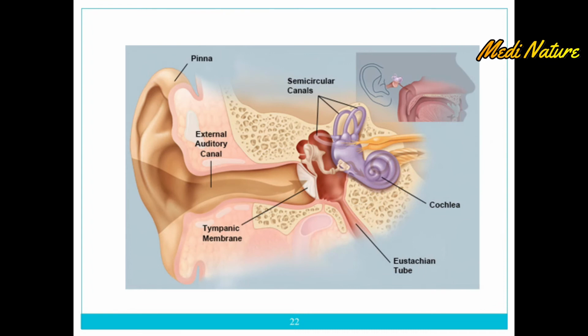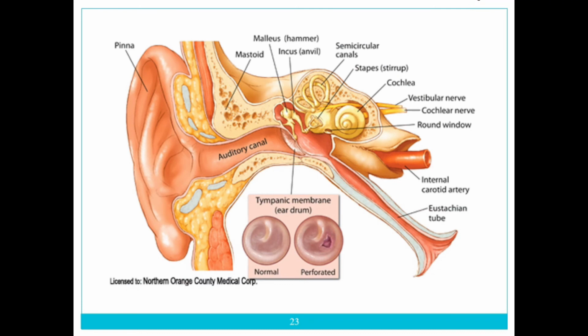So in this picture you can see the parts of the external ear, the middle ear, and the inner ear. This picture gives you an idea about the different components of the ear. The pinna or the external lobe is the external part of the ear. Then it opens up into the auditory canal or external auditory tube. At the end of the canal you can see the tympanic membrane or the eardrum.